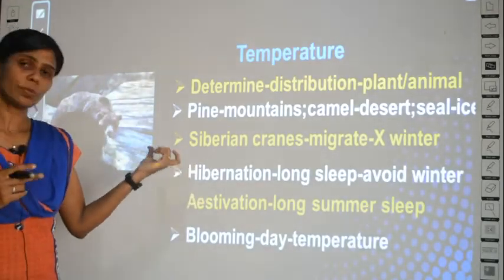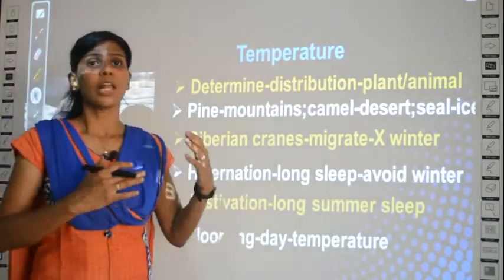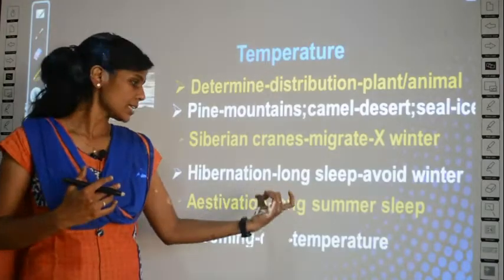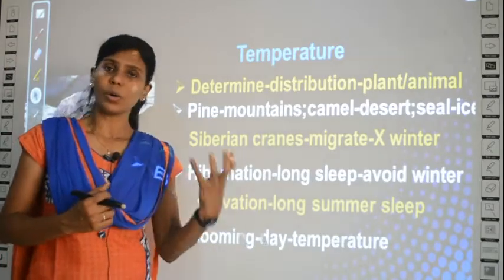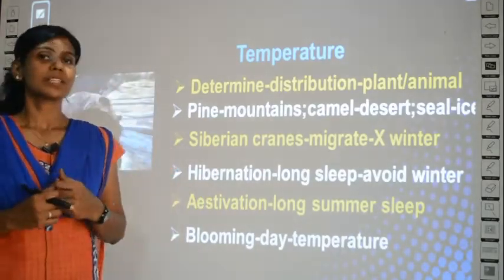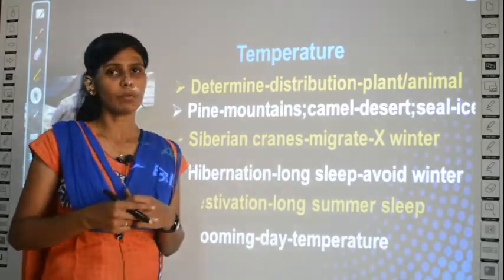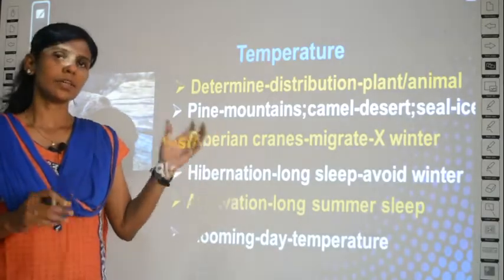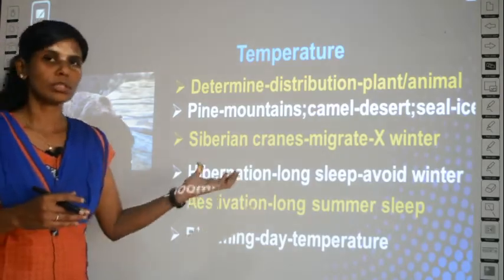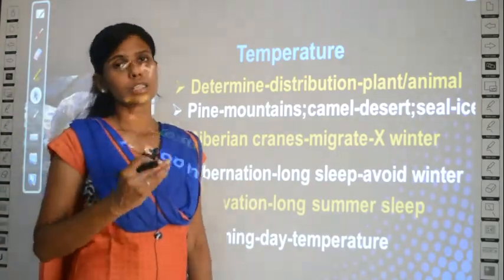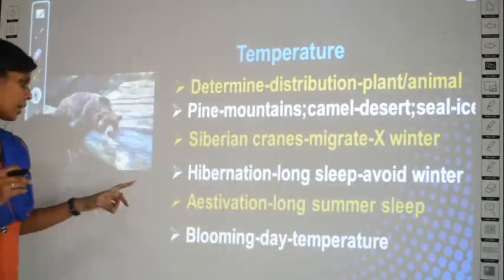And there are two processes called hibernation and aestivation, where hibernation is long winter sleep and aestivation is long summer sleep. To avoid extreme cold and warm conditions, some animals, not every animal, will undergo hibernation in winter and some will undergo aestivation in summer to avoid the cold and the warm climate for a longer duration. And also temperature will decide the flowers to bloom. Only a higher temperature will support the blooming of the flowers.